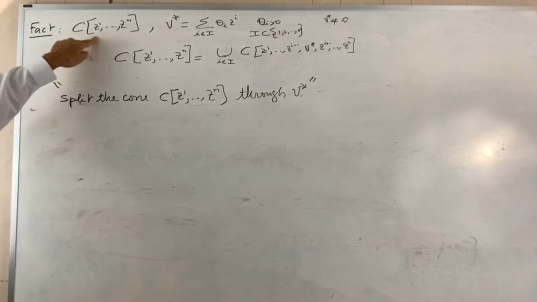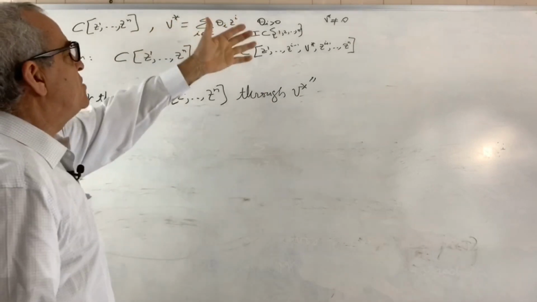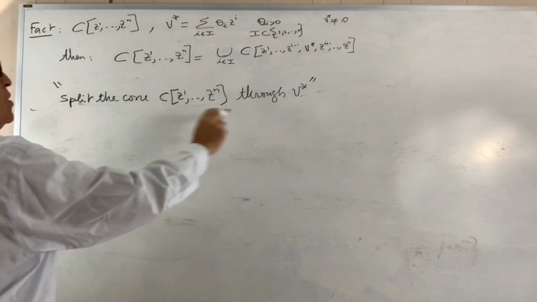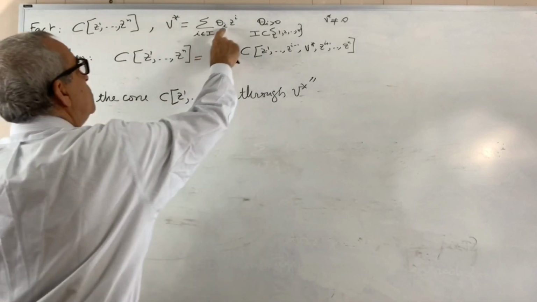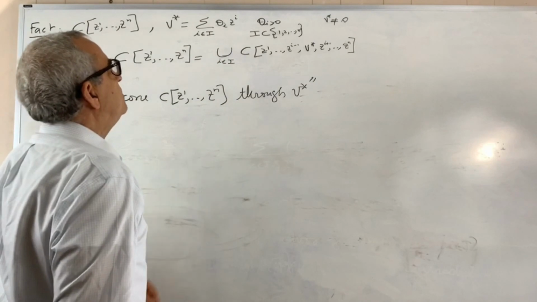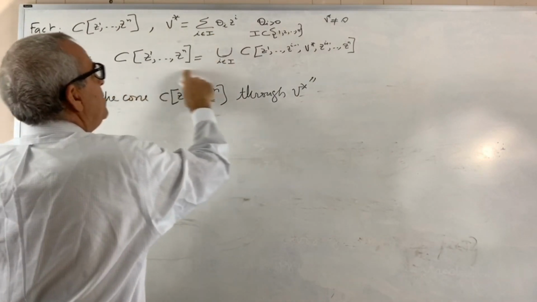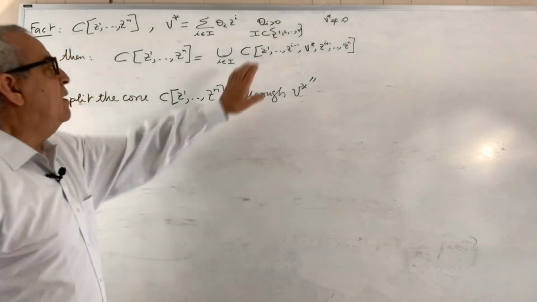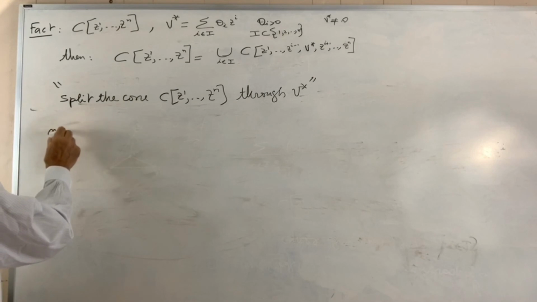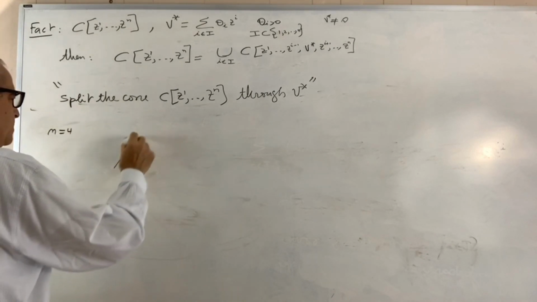So if we have a cone C and a V star belonging to C which is not zero, then splitting the cone through V star means that we look at all the theta i that are strictly positive. So we need to figure out what I is, and then C will be the union of the subcones. Now, for example, for n equal to 4, the cross section of my cone is a pyramid.